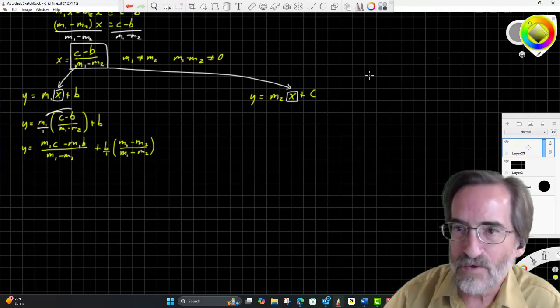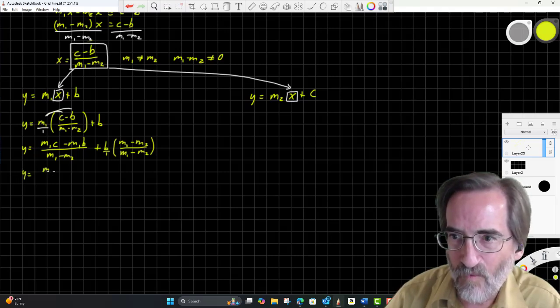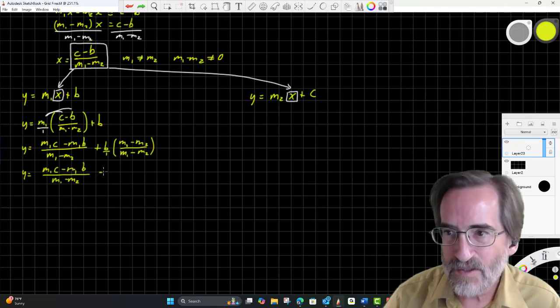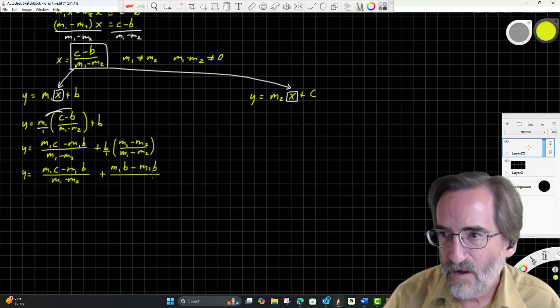Okay, so let's go here. m1c minus m1b over m1 minus m2, plus m1b minus m2b over m1 minus m2.